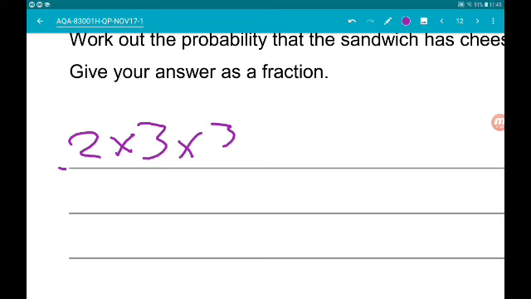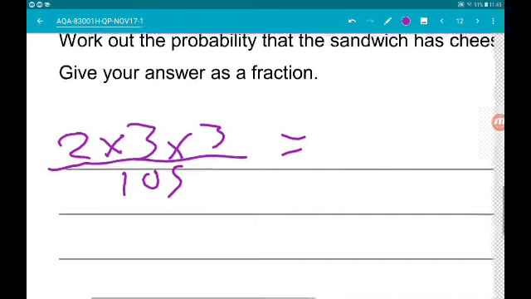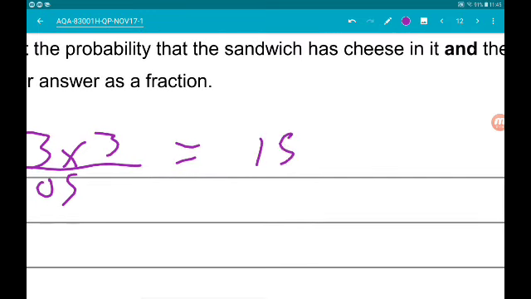And then that's going to be over the total number of combinations, so 105. So 2 times 3 times 3 is 18. So we've got 18 over 105. Cool.